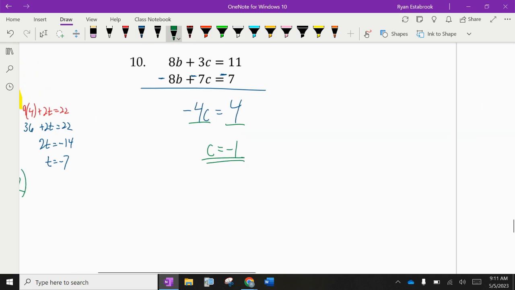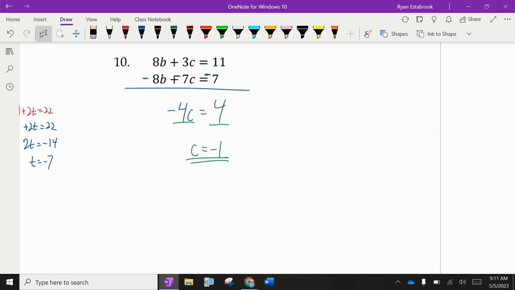C is negative 1. Plug it in, solve for B.